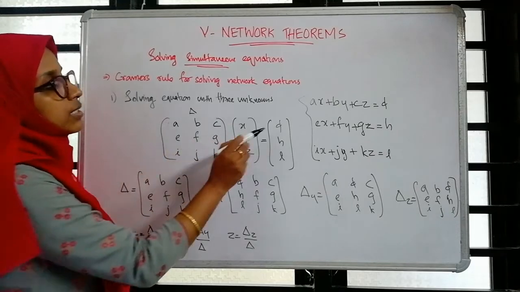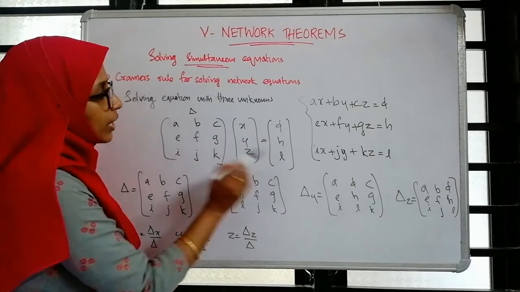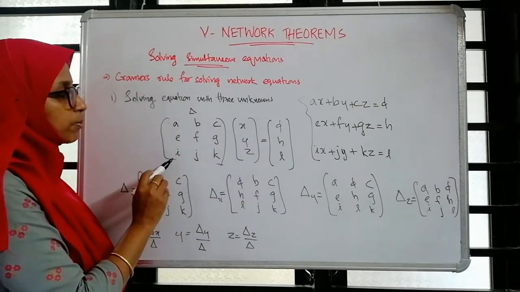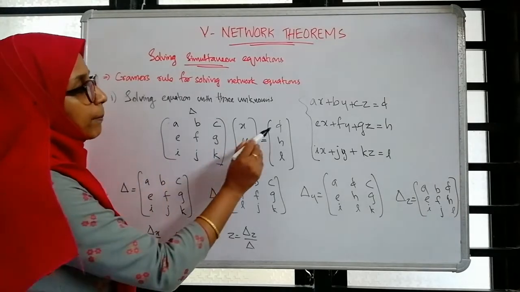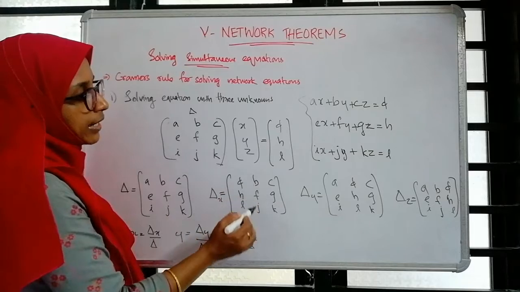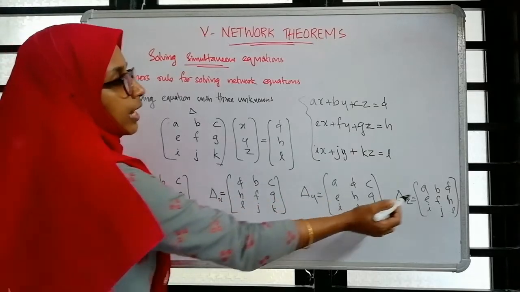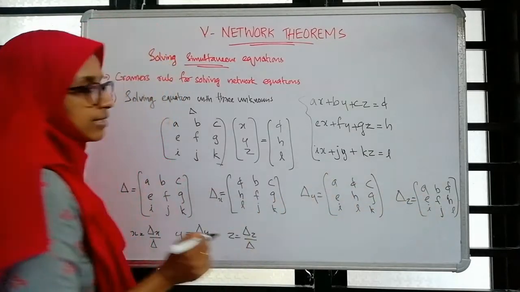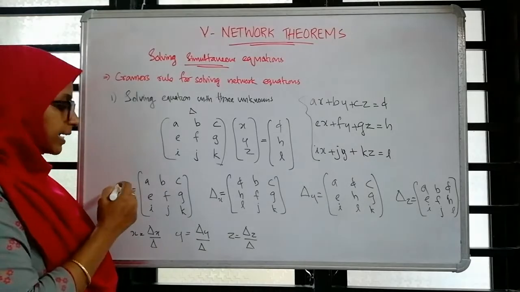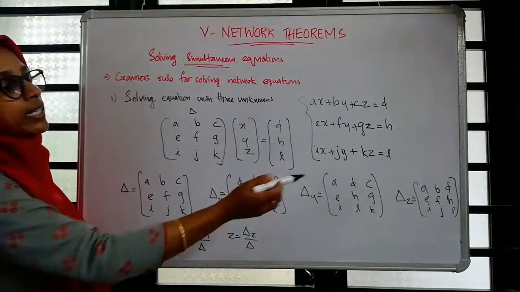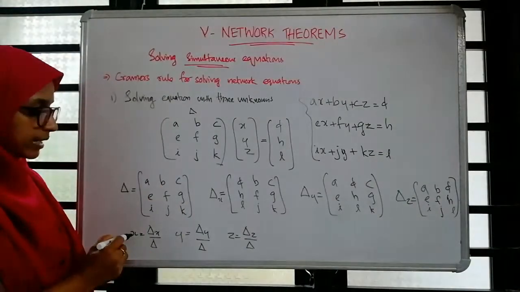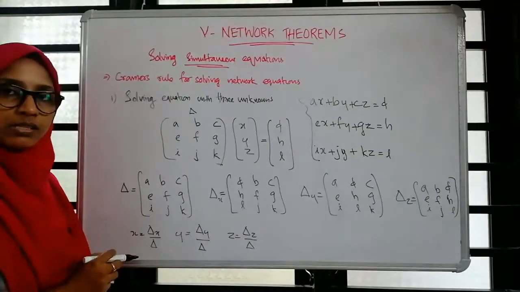When we replace the first column, corresponding to X, with D, H, L, we get del X. When we replace the second column, we get del Y, and for the third column, we get del Z. By getting the four determinant values, del, del X, del Y, del Z, we can simply find X, Y, Z like this.